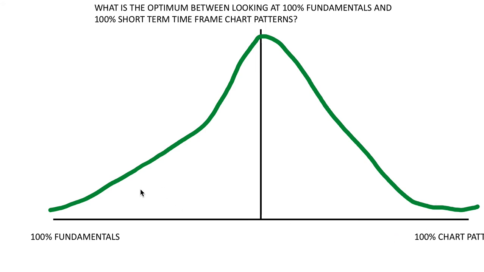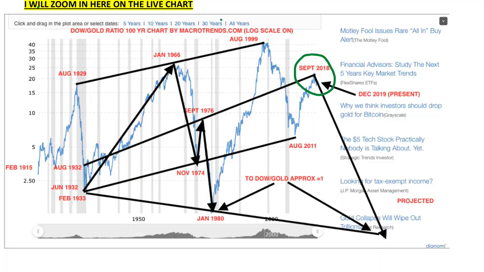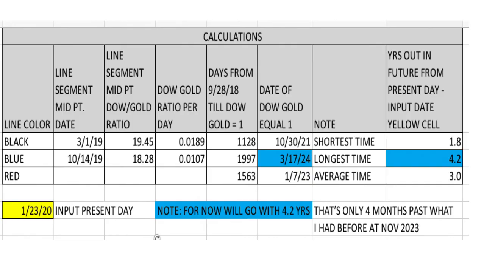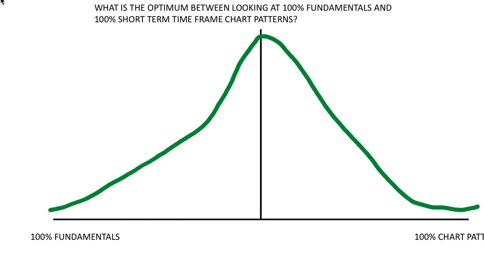My contention, in drawing this, is just hey, I want to find something that's optimum. And I think my best stab at it is to look at a big chart, a big time frame from 1915 to 2019. It's a good balance, and it's a stab at trying to find the optimum.